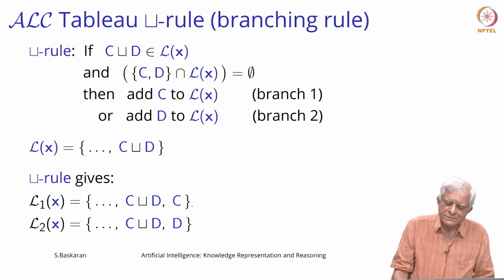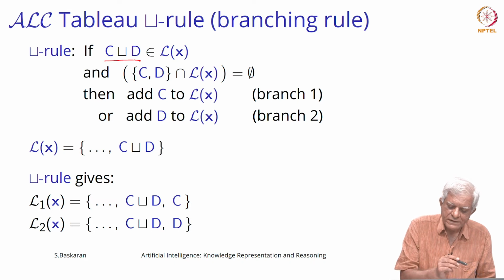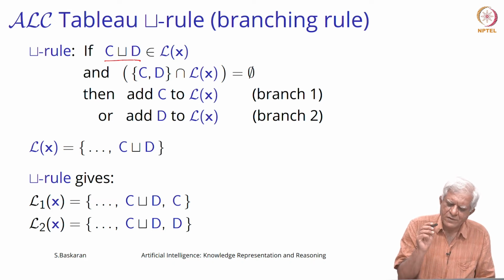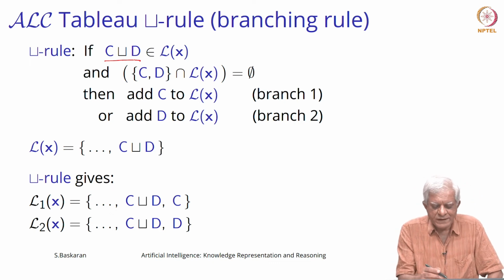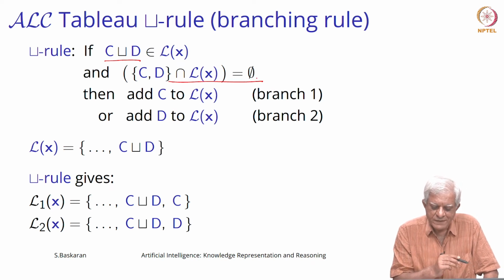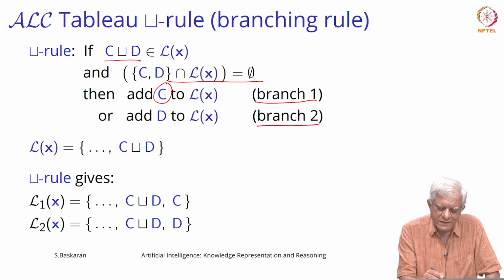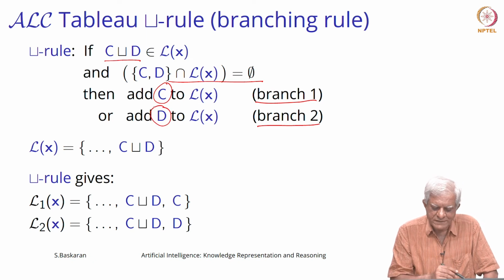For the union, if we are saying that X belongs to C or X belongs to D, or both of course, and if C and D are not in the label set, so their intersection is empty, then you create two branches, branch 1 and branch 2. To one you add C and to the other you add D essentially.